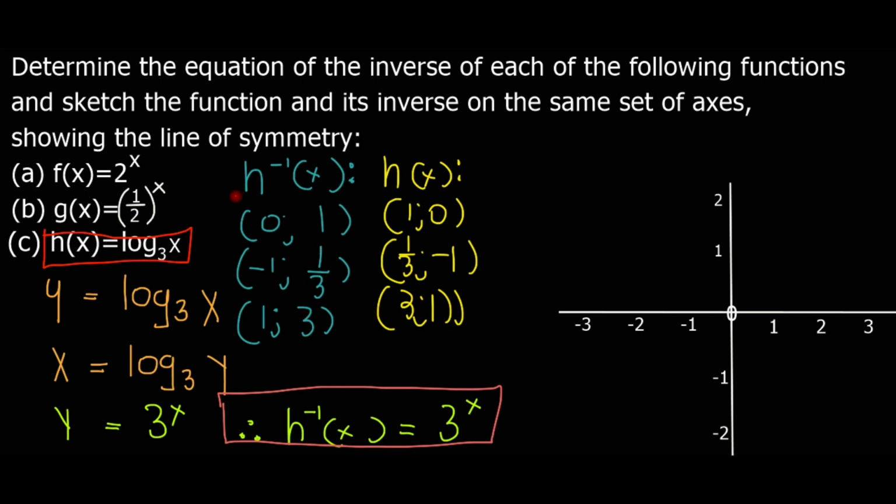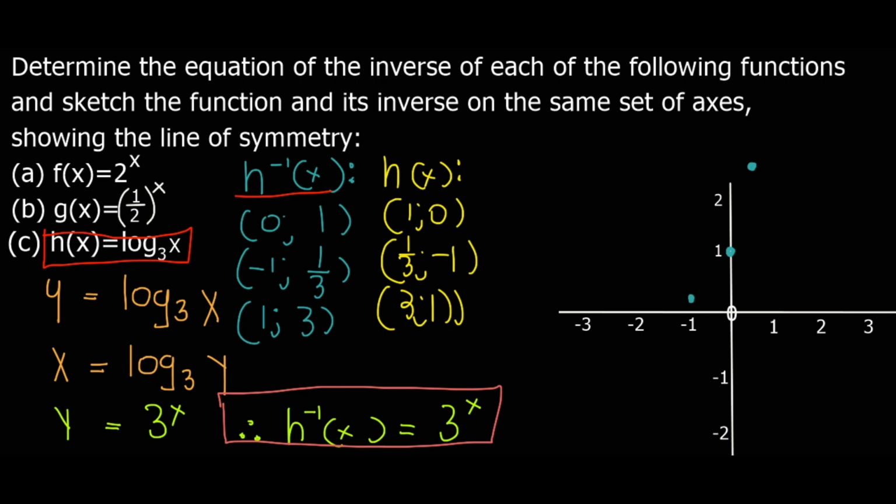So now let's draw. 0 and 1 is here, -1 and 1/3 is here. Remember 1/3 is 0.33, and then 1 and 3 is somewhere here.